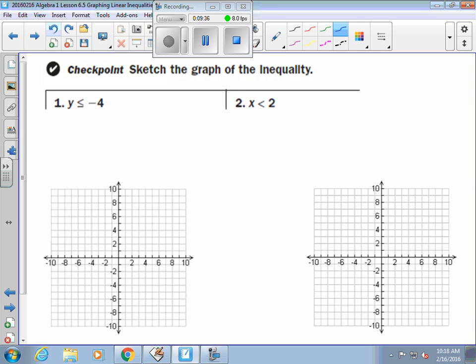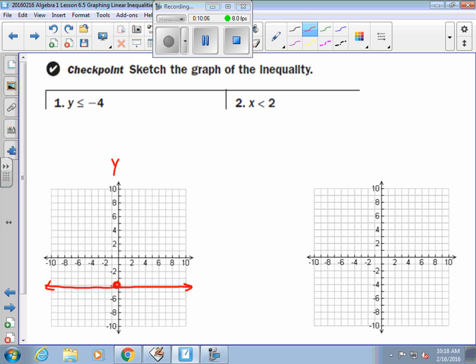Okay, the checkpoint tells us to sketch the graph of the inequality. Y is less than or equal to negative 4, and x is less than 2. Again, only one variable. Y is less than or equal to negative 4. This is your y-axis, so it's crossing through there. Less than or equal to means you're getting a solid line. So you're going to have one that looks like that.